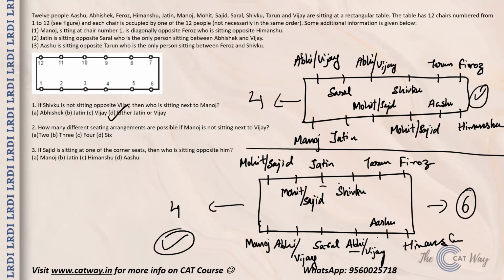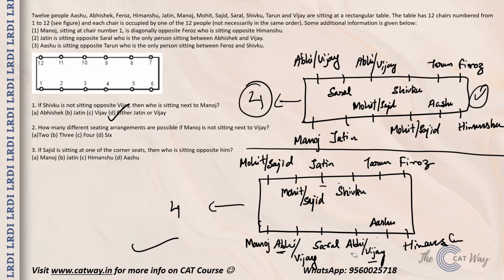Come to the second one. How many different sitting arrangements are possible if Manoj is not sitting next to Vijay? Okay. So if Manoj is not sitting next to Vijay, then all these 4 cases will be considered because there is Jatin over there. And in this case, what will be counted? See, Manoj is not next to Vijay, right? That means Manoj is next to Abhi. That means Abhi is here, Vijay is over here.